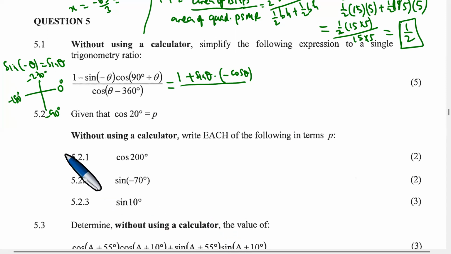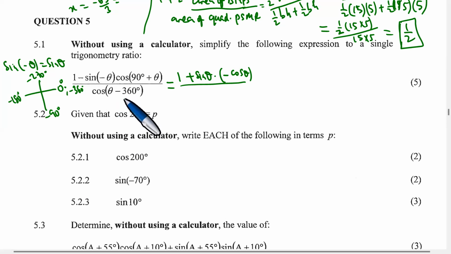Okay, we're looking at it again. To tell where theta minus 360 is, we must first tell where minus 360 is.